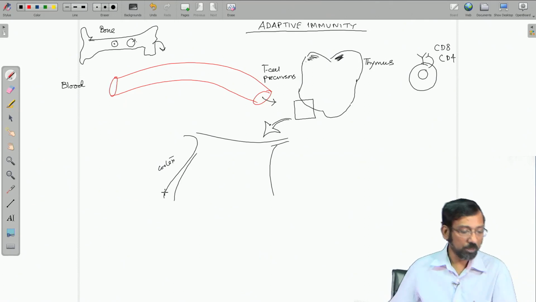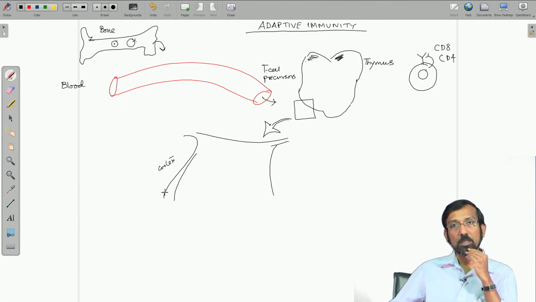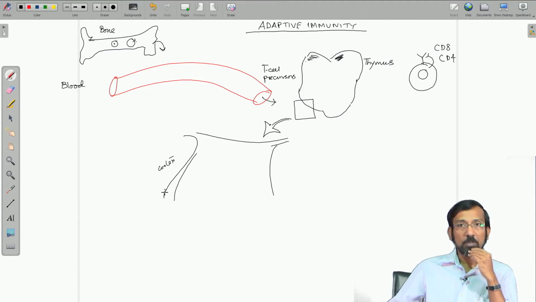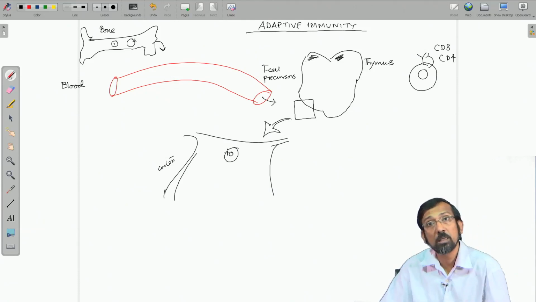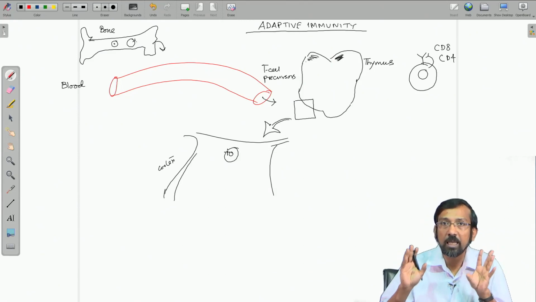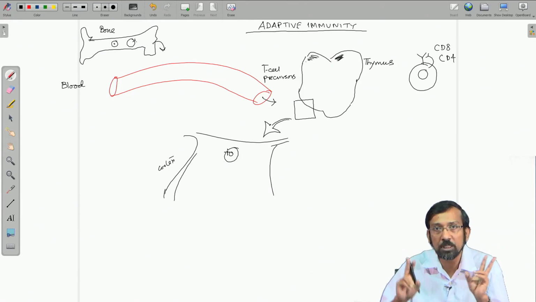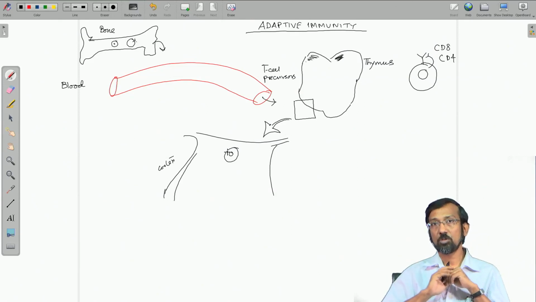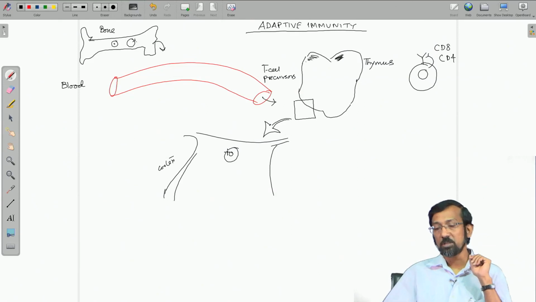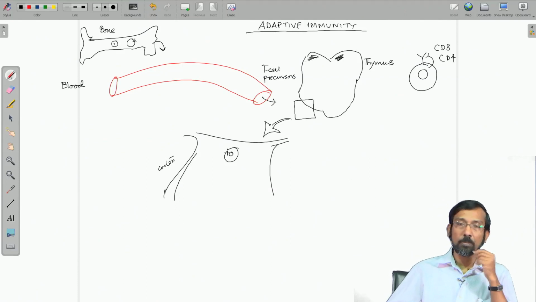This maturation primarily occurs in the cortex region. What happens here? These precursor cells, when they enter into the thymus, express neither CD4 nor CD8, nor the T cell receptors. So, they are not yet mature T cells.